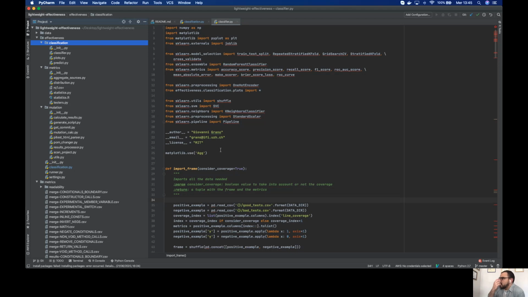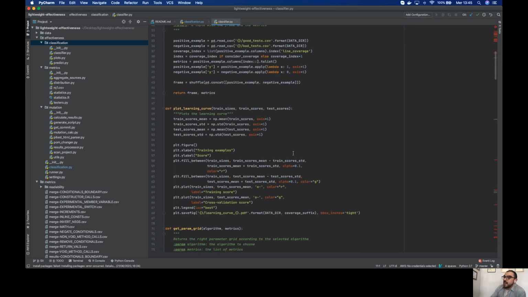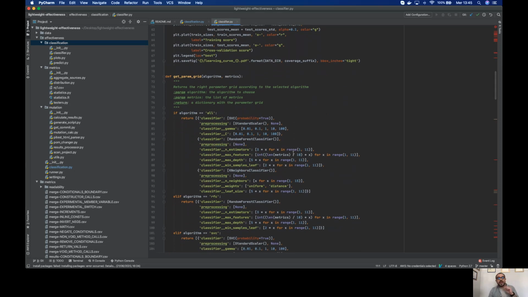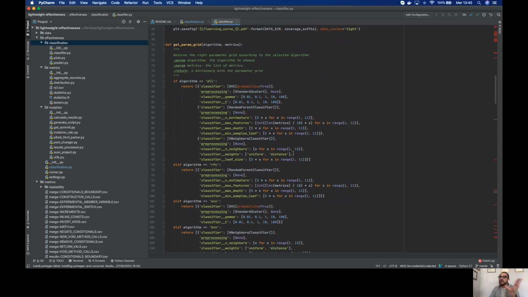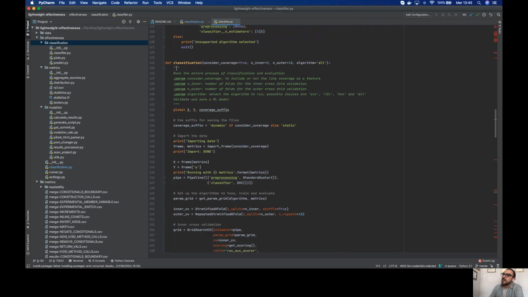Particularly, it's worth discussing the classifier.py class. As said, this class uses the sklearn Python library, which is extremely powerful because in very few lines of code, it allows you to do whatever you want with respect to the machine learning pipeline.